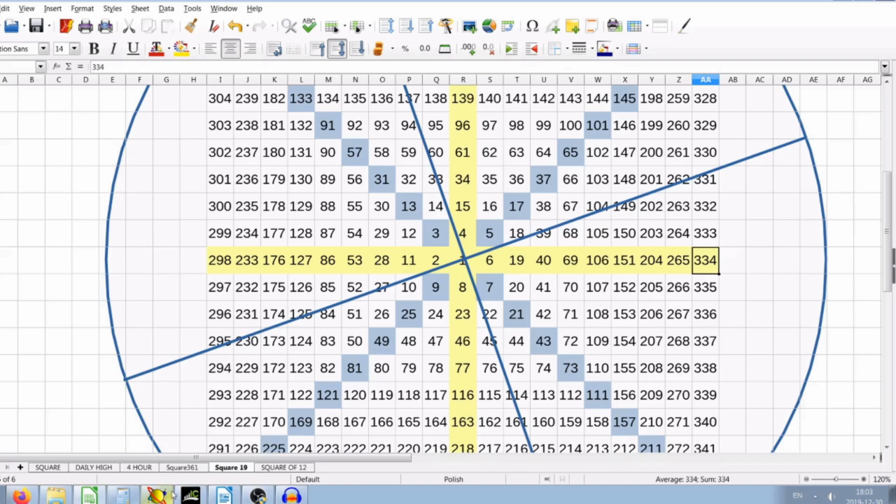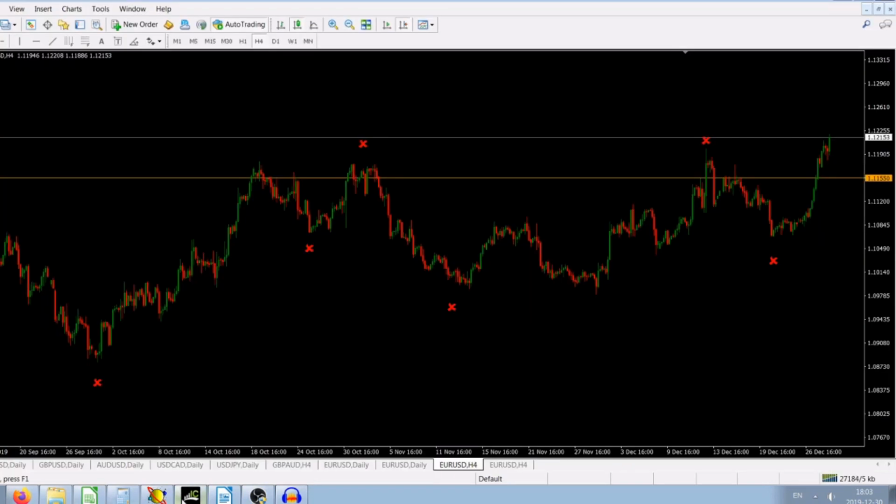Now I've got a special tip for you guys. Look, I put some funny crosses over here just to show you something. W.D. Gann, using the square of 9, was using the planetary movements as well.